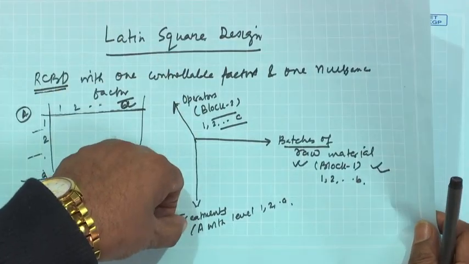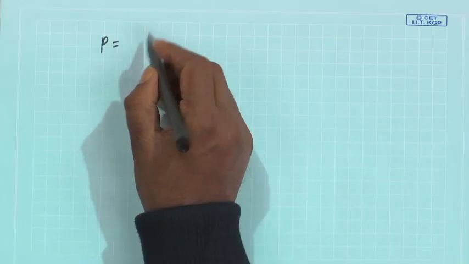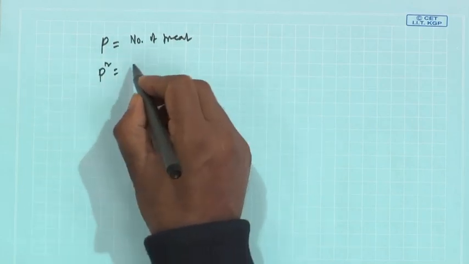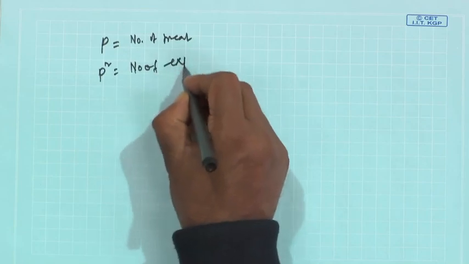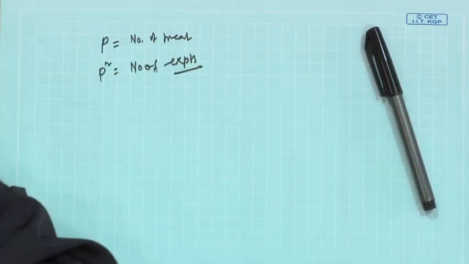Now I will show you how the other block is also accommodated here, and then the treatments are combined within the blocks, two blocking factors, in such a manner that your A cross A or P cross P, suppose if P is the number of treatments, then with P square number of experimental runs, you will be able to estimate the treatment effects. Okay. So, this kind of design is coming here.